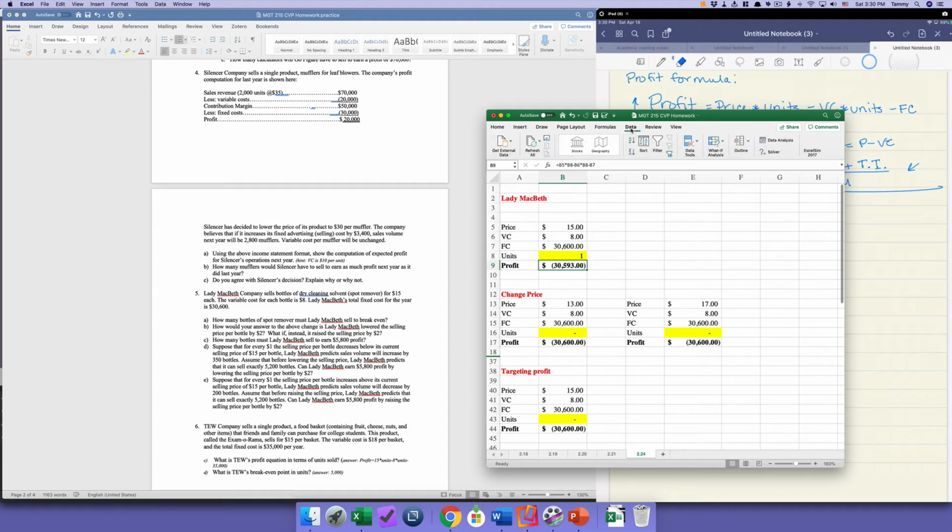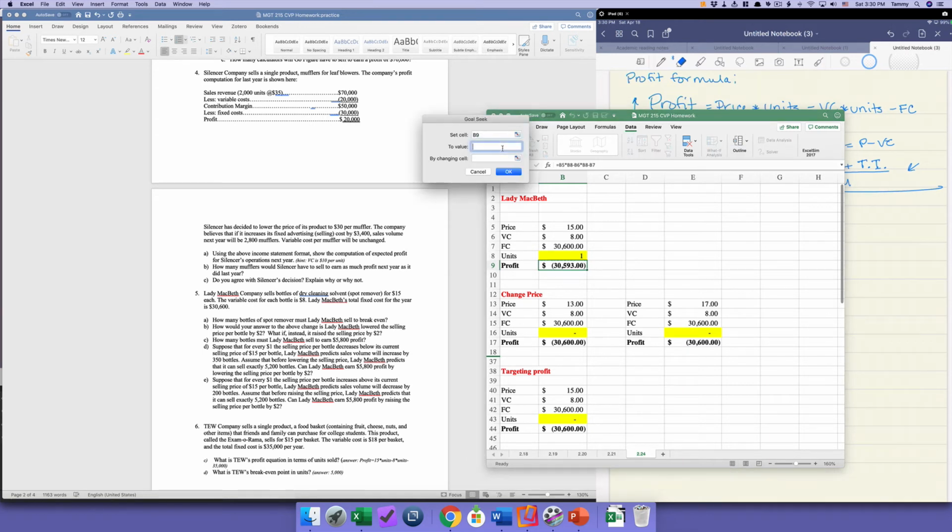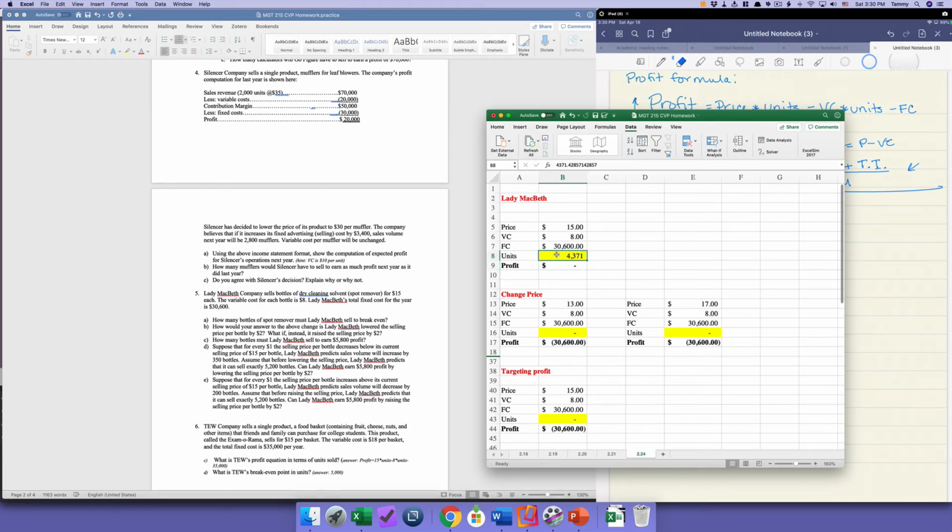So we go to the Data tab, What If Analysis, Goal Seek. We're going to set our profit equal to 0 by changing the units that we sell. The answer to the first one is 4,371. So we need to sell 4,371 units in order to break even.